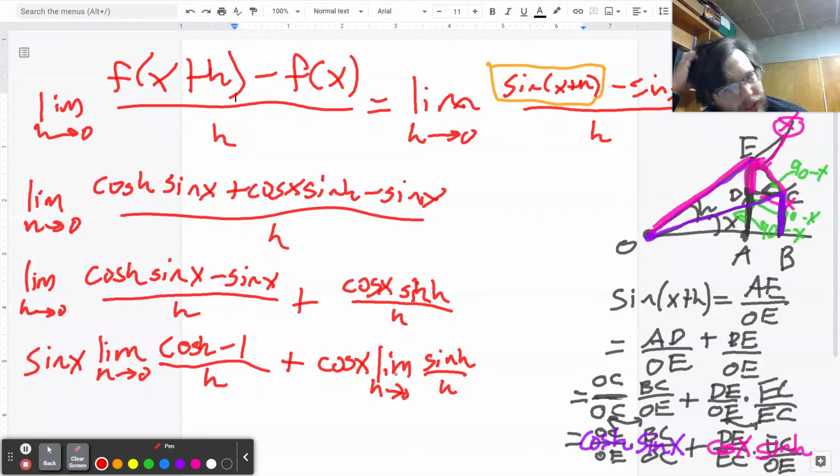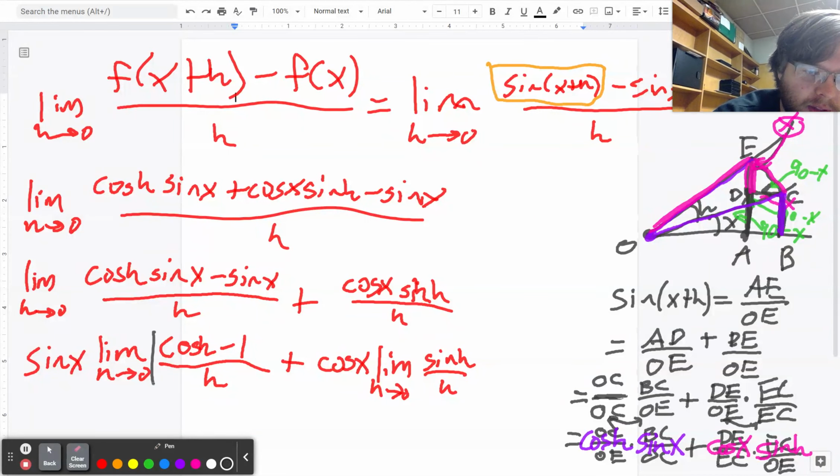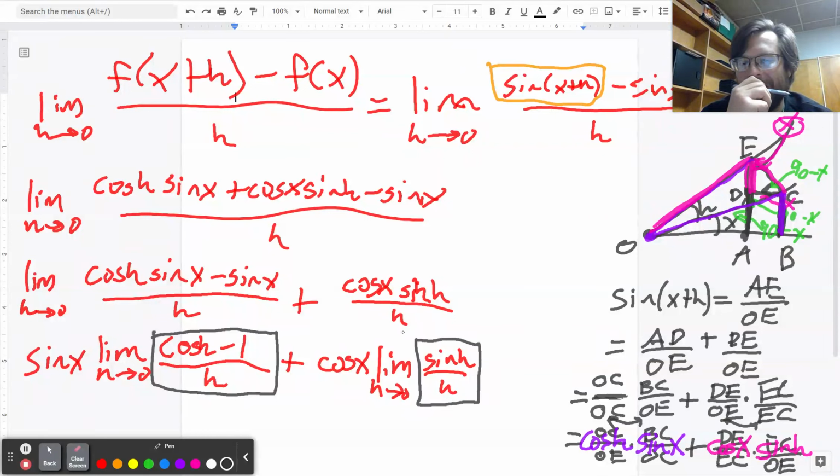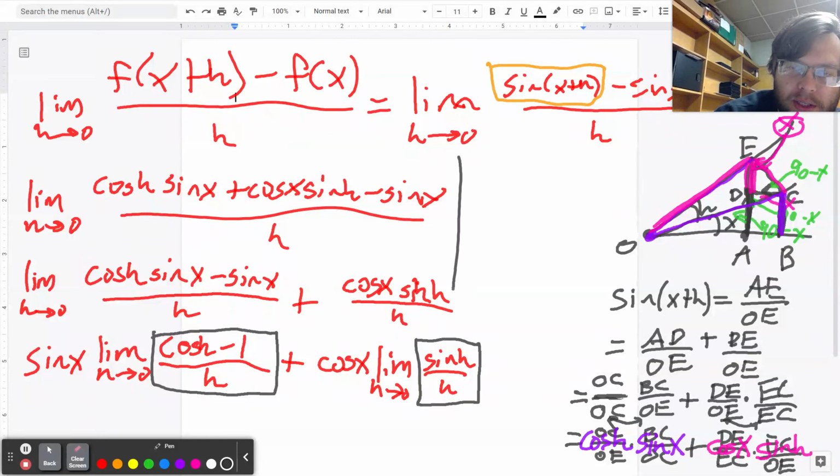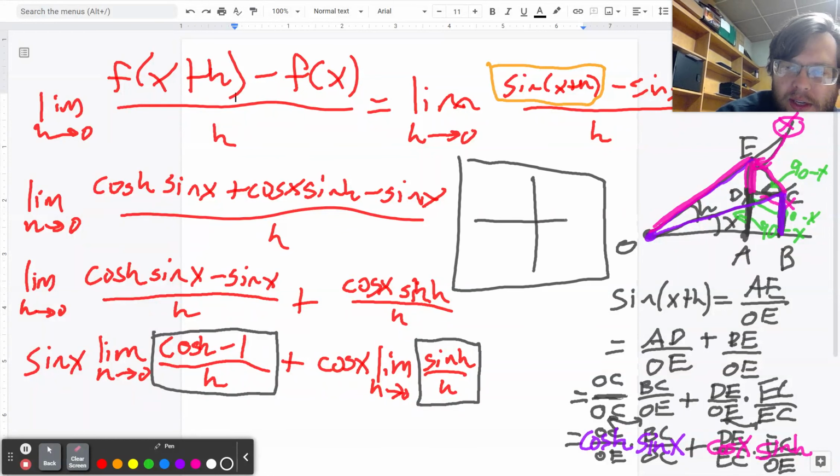Okay, so now there's two things I need to do. I need to figure out what happens with H approaching 0 for this limit and what happens for this limit right here. Okay, so what I'm going to do is look at a very small angle on the unit circle. So we're going to draw a little unit circle in here, right? So you draw your axes, you draw a cute little circle.